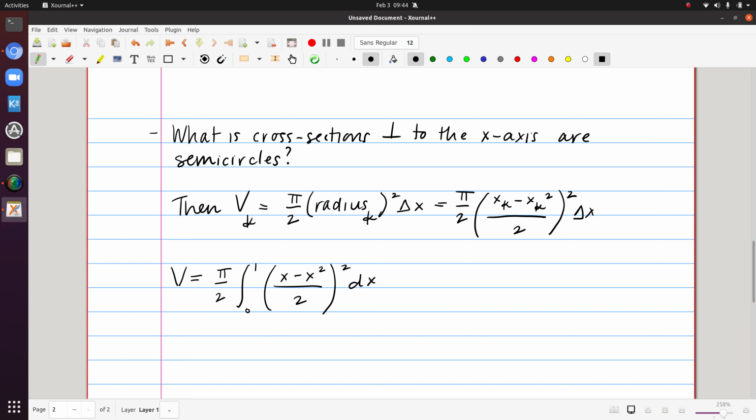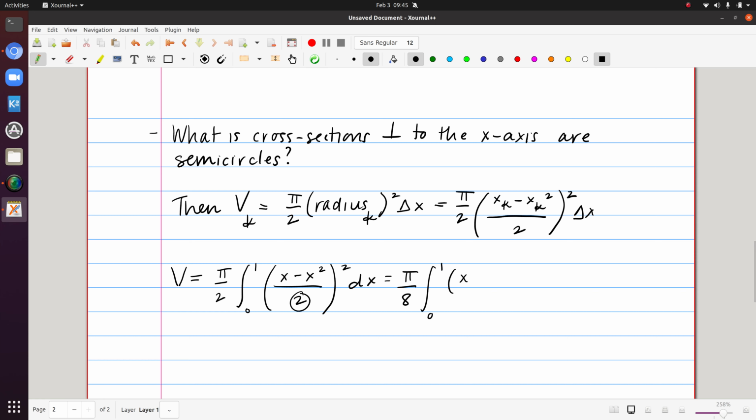So we get this integral in comparison to the one with the square cross sections. And now we want to think of, again, simplifying this. Notice when I square the 2, that's bringing out a 4. So collecting that out front, we have that.